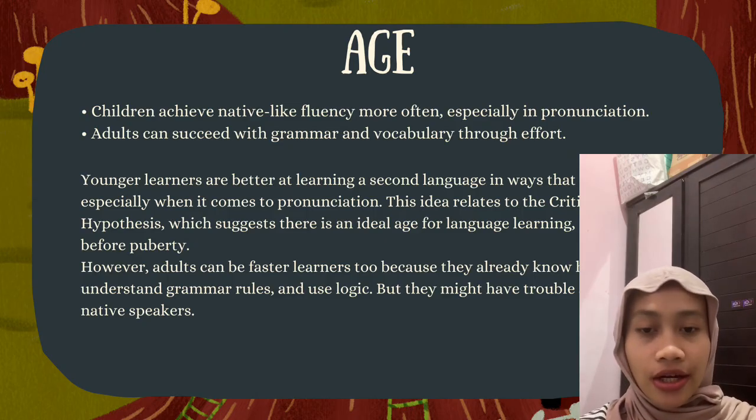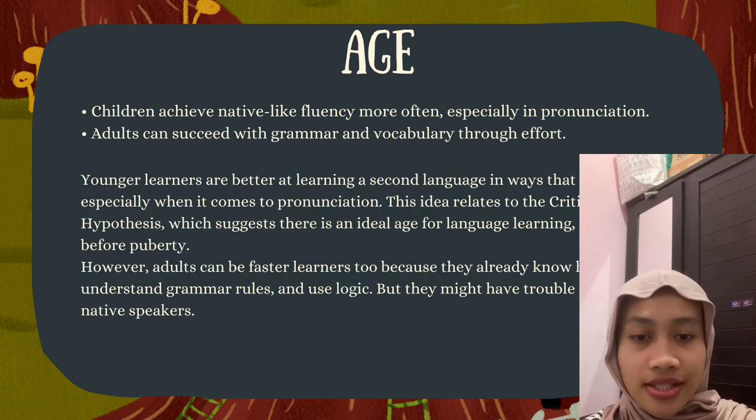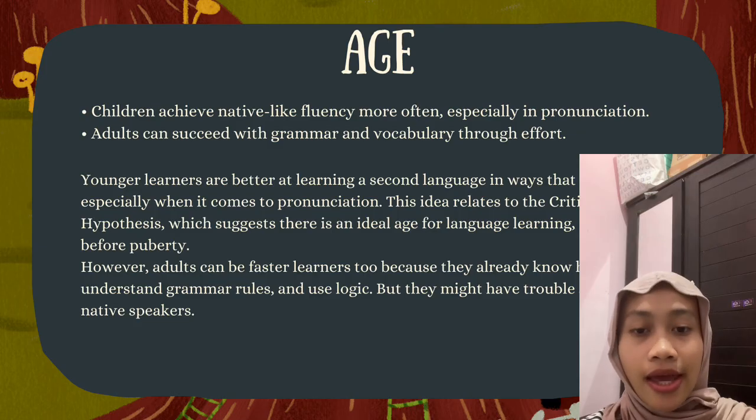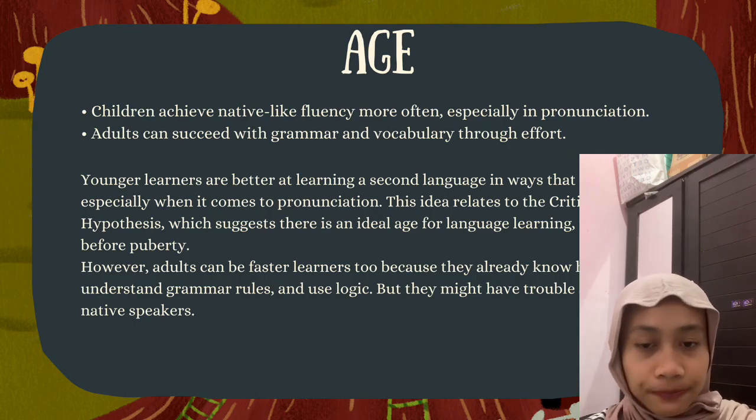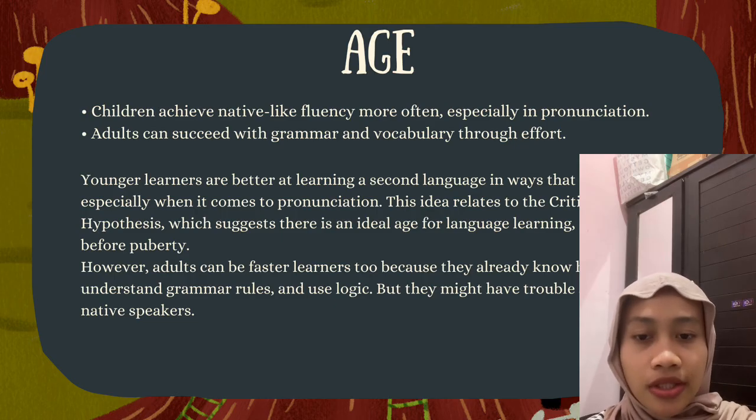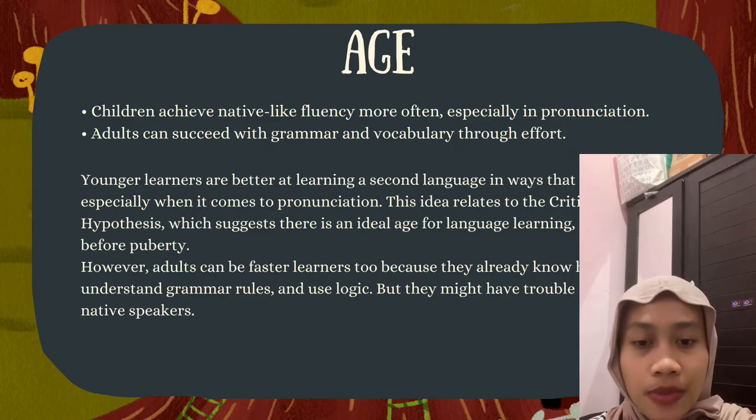This idea relates to the critical period hypothesis, which suggests there is an ideal age for language learning, usually before puberty. However, adults can be faster learners initially because they already know how to study, understand grammar rules, and use logic, but they might have trouble sounding like native speakers.